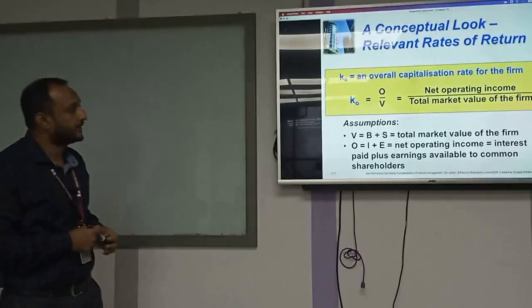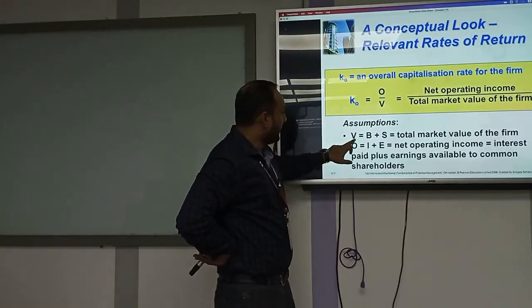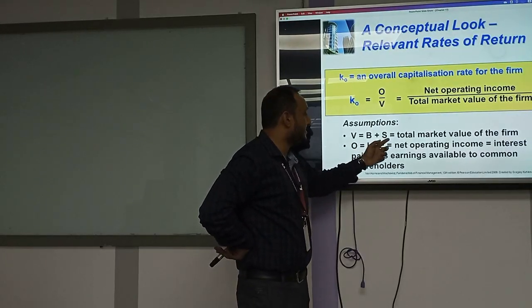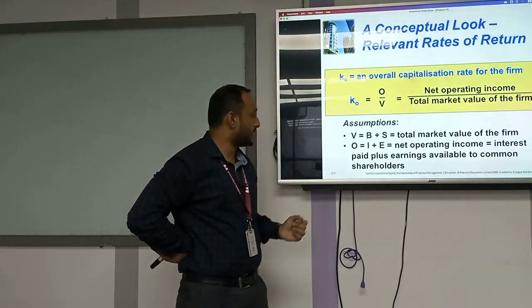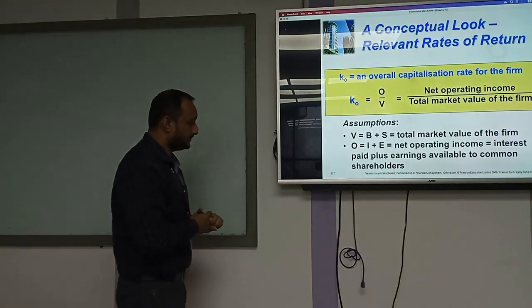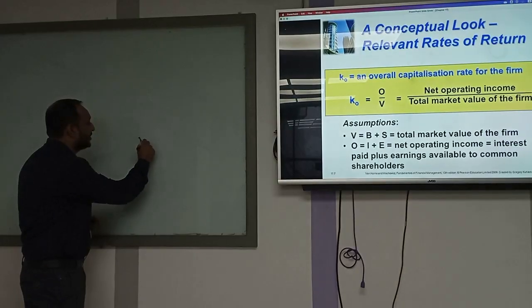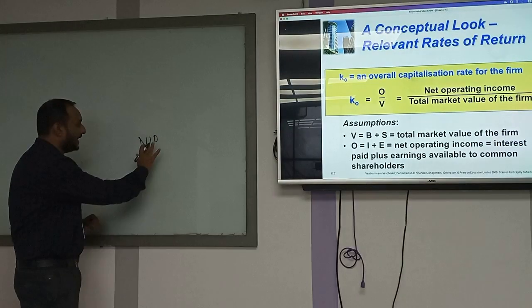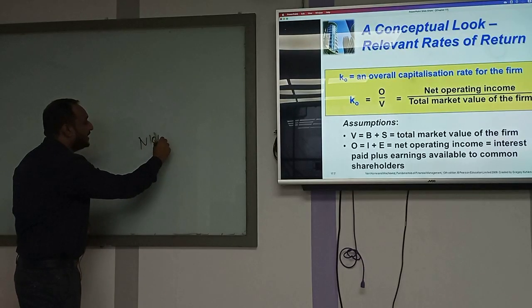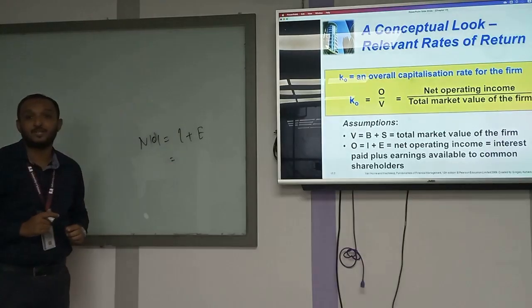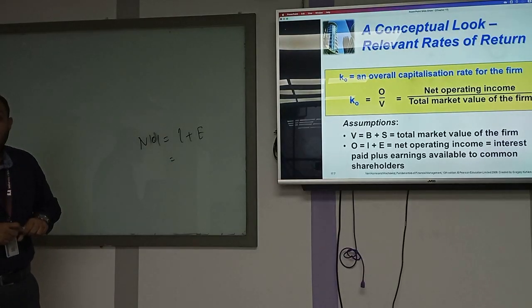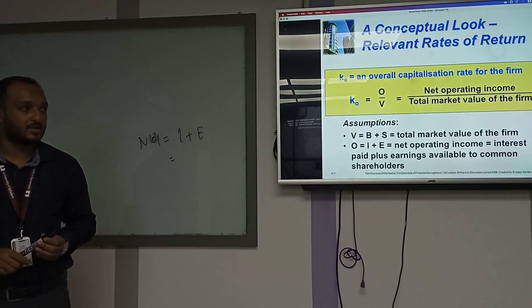So V is equal to B plus S, the value of bonds and the value of shares. And net operating income is equal to I plus E. I is the interest payment to the bond holders, and E is the earnings of the common stockholders. Clear?